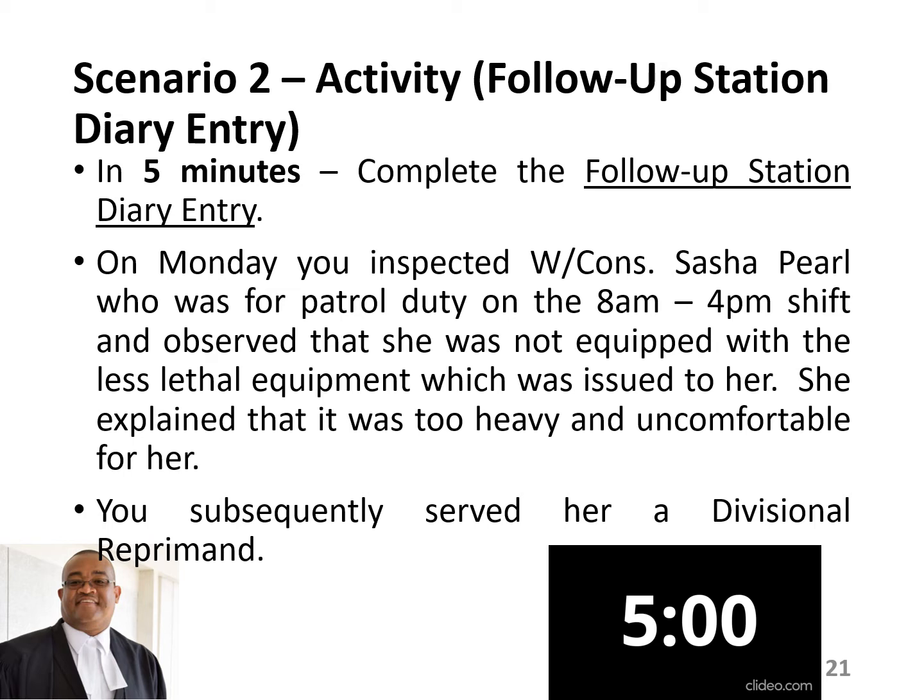You're looking at the third bullet. It says that you subsequently served her a divisional reprimand, so your entry must reflect the service of the divisional reprimand. You have 5 minutes for this activity, starting now.